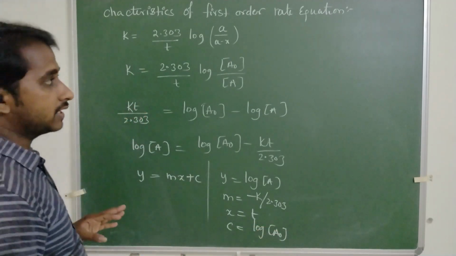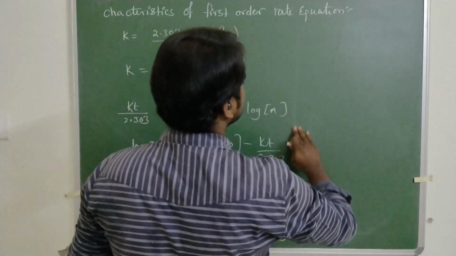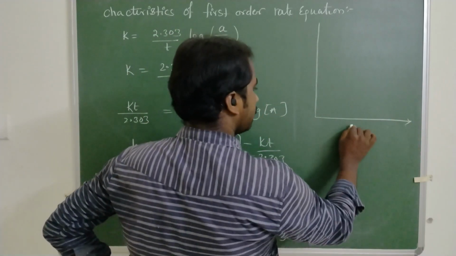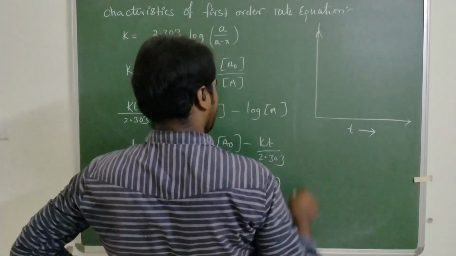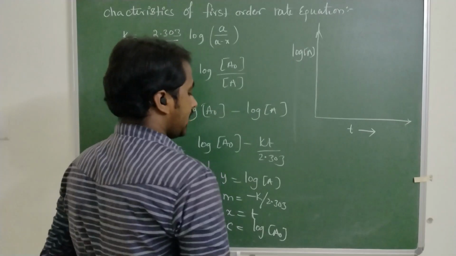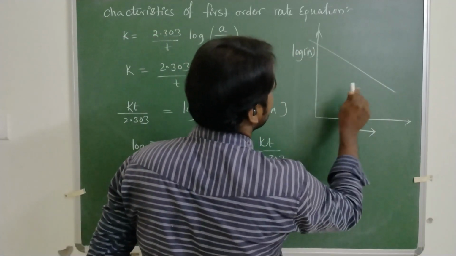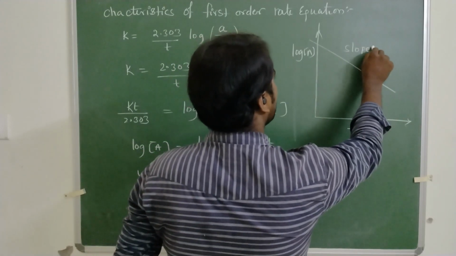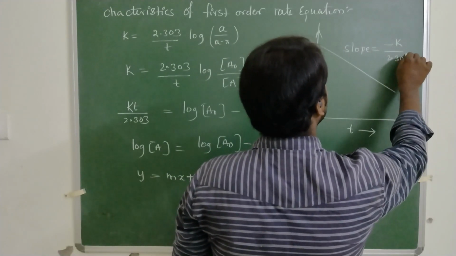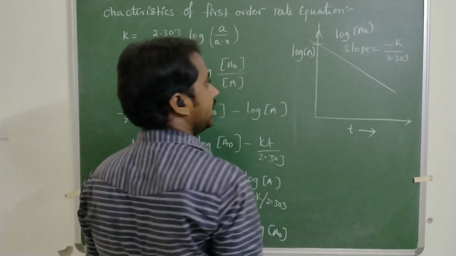If we draw the graph for this data, on the x-axis we have t and on the y-axis we have log a, and a negative slope is there. It cuts the y-axis at some point with negative slope. The slope is minus k by 2.303, and the intercept is log of the initial concentration a naught.